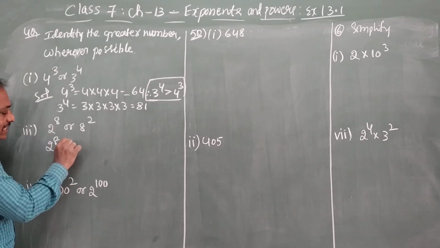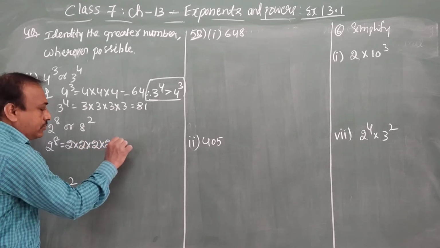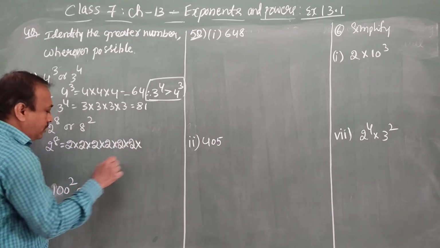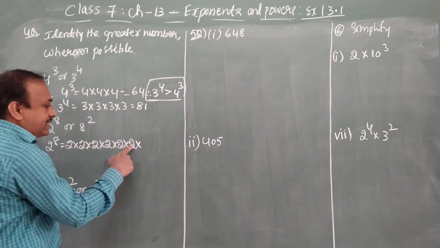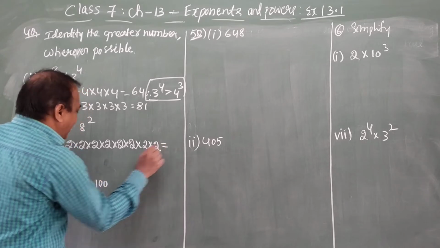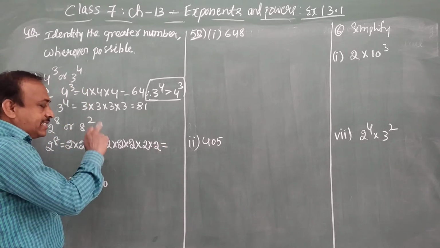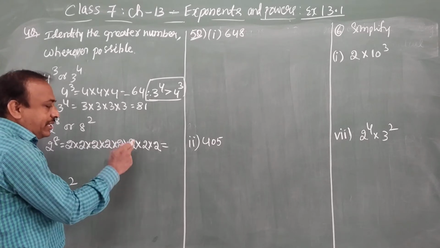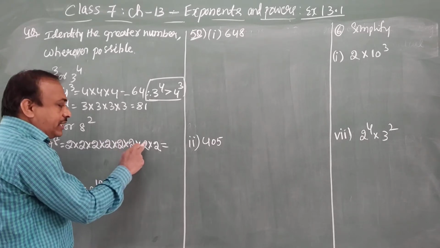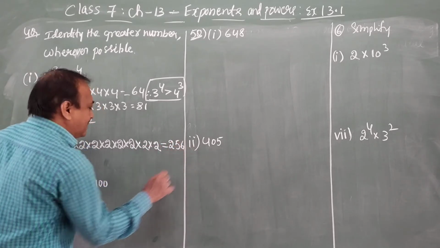2 power 8 is nothing but 2 into 2 into 2 into 2 into 2 into 2 into 2 into 2, 8 times. So 2 2s are 4, 4 2s are 8, 8 2s are 16, 16 2s are 32, 32 into 2 is 64, 64 into 2 is 128, 128 into 2 is 256.